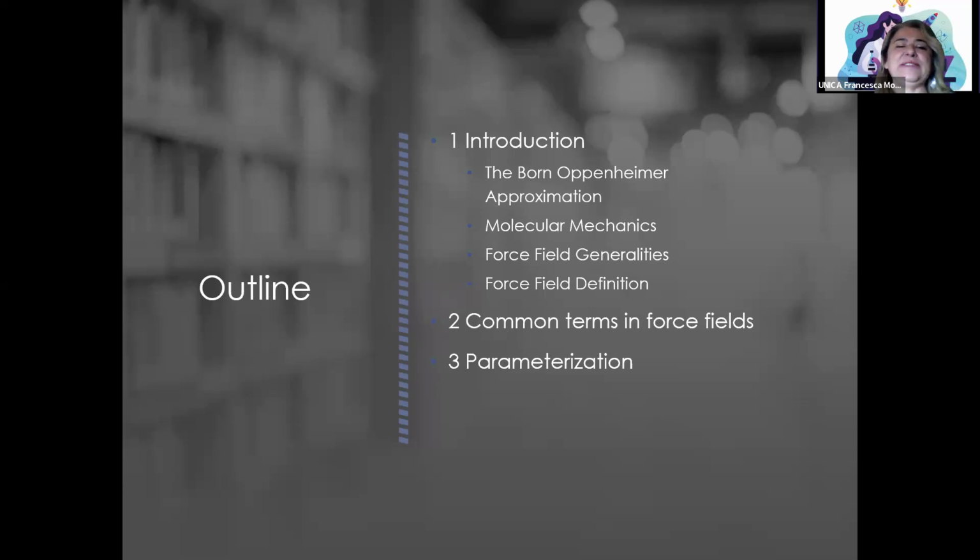Then I will go into some details of the common terms that are usually comprised in the mathematical equation of the force field and their relation to the properties of the system. And I will give some detail on the parameterization.